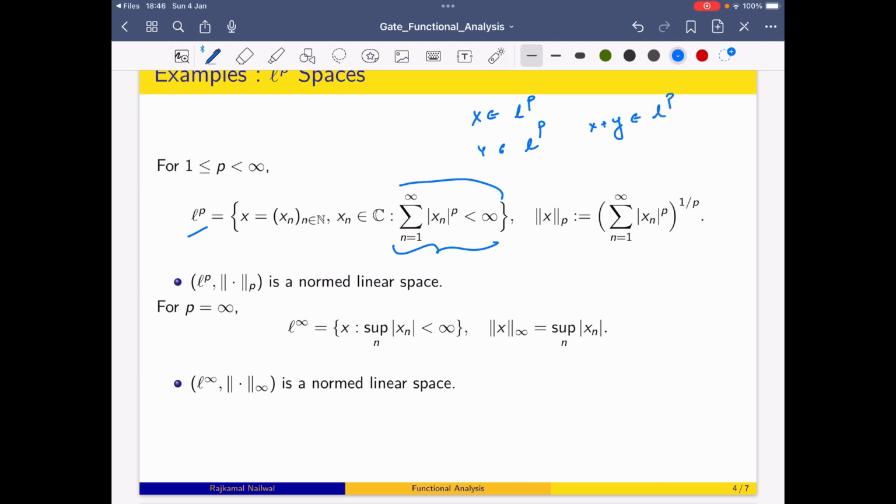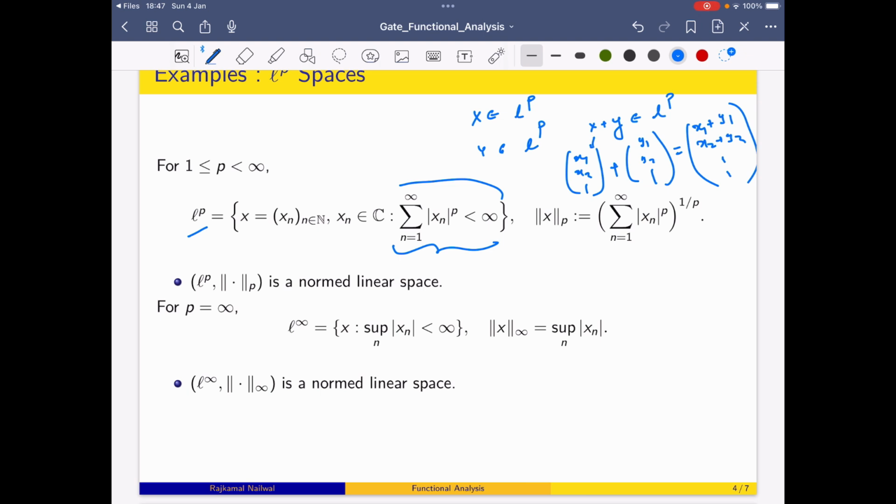You are adding two sequences: x1, x2, and so on, and y1, y2, and so on. Ultimately you get the sequence x1 plus y1, x2 plus y2, and so on, and you have to see that this new sequence also belongs to LP.